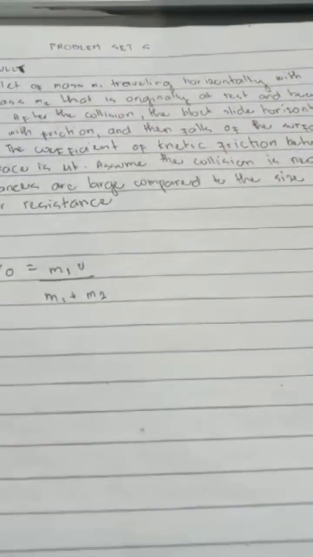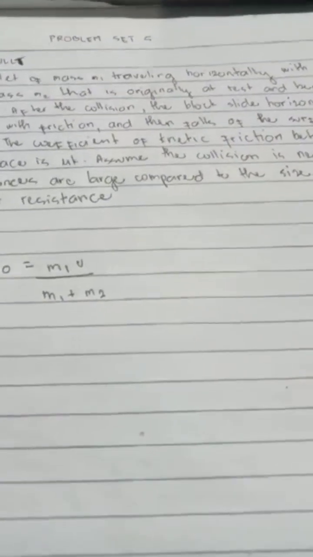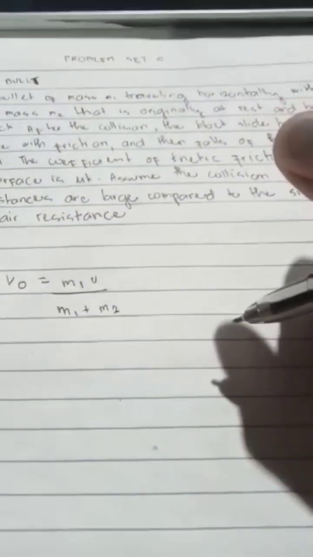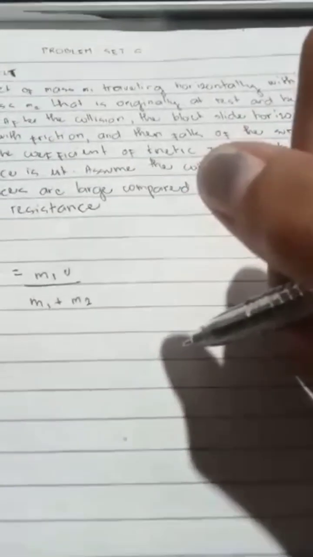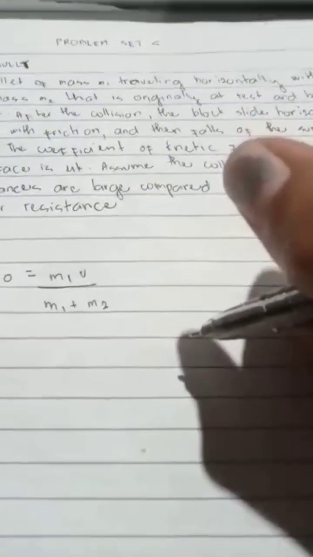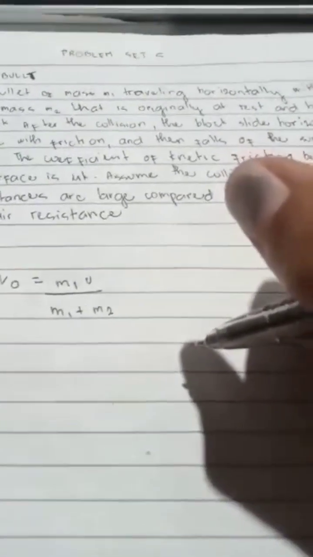Once the block and bullet begin sliding, friction acts on them and gradually reduces their speed. The work done by friction depends on the frictional force and the distance traveled, which in this case is the distance from the collision point to the edge of the table.